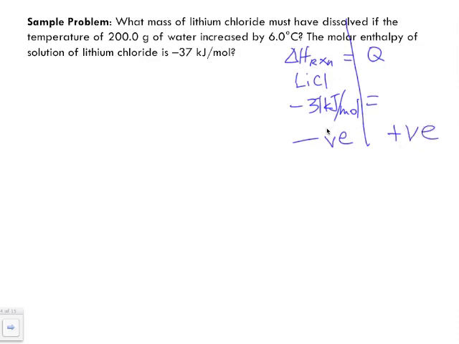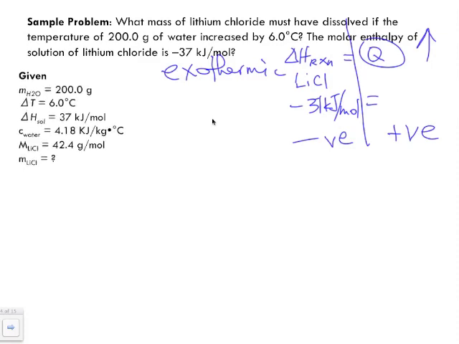So if this side is negative, that means the temperature of the surroundings, the water, increased. So if the temperature increased, that means we have an exothermic reaction. So let's actually work this question out.